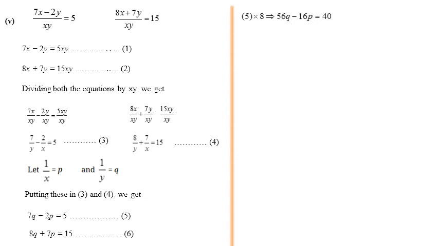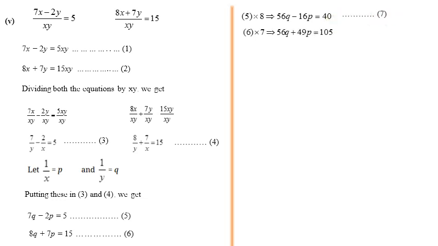As before, we have to go for solving these two equations. Equation number 5, I multiplied with 8, the coefficient of q here. I have got 7 into 8, 56 here, then 8 into 2, 16 here, then 8 into 5, that is 40 here. Label it as equation number 7.